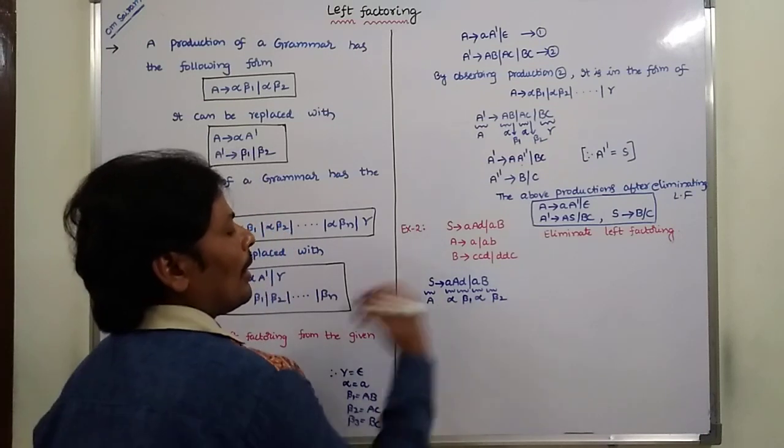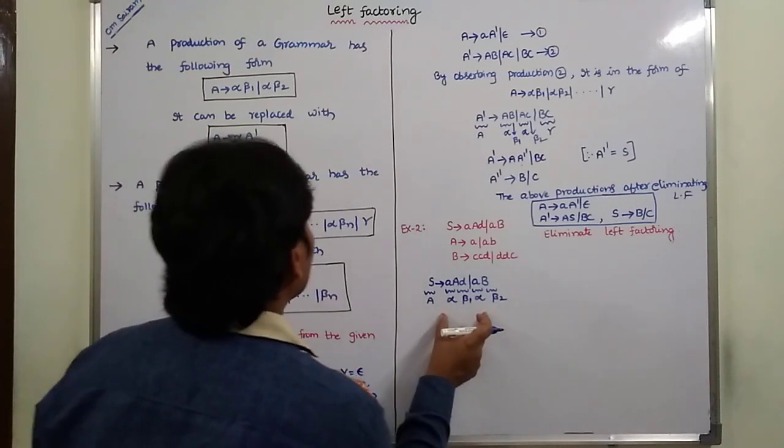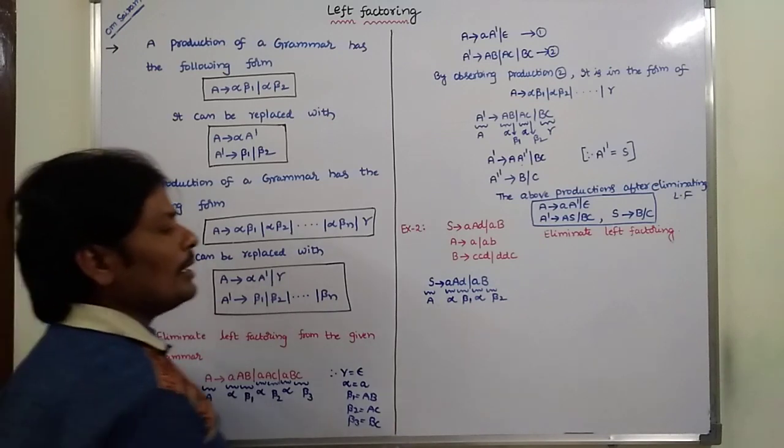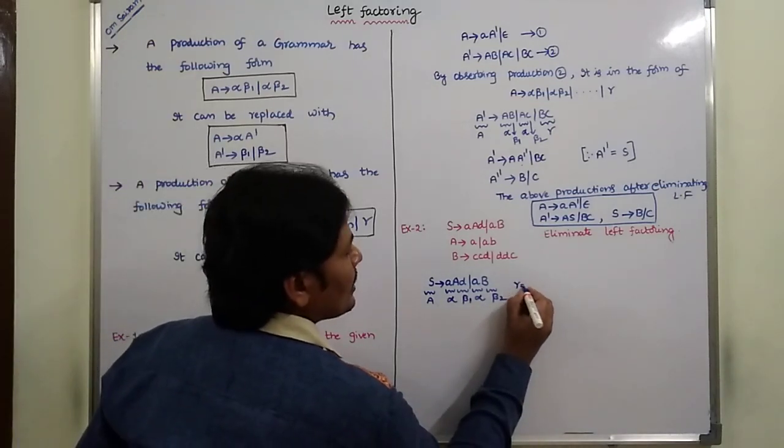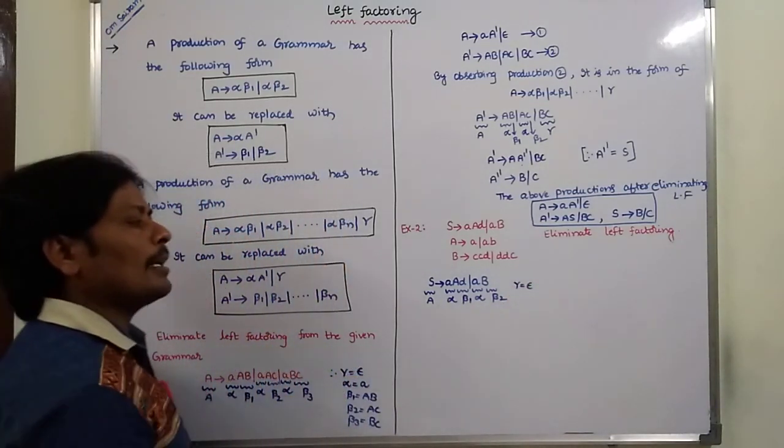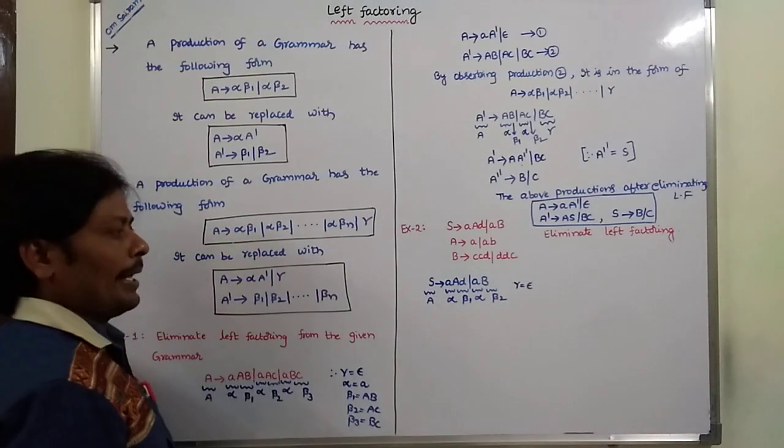According to this, this production is in this form. Here gamma is equal to epsilon because there is no gamma term.